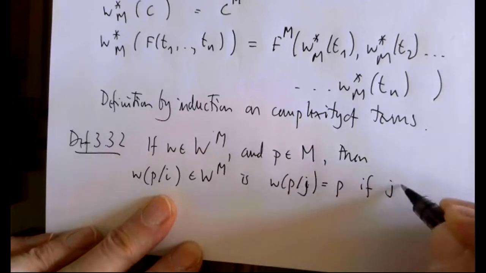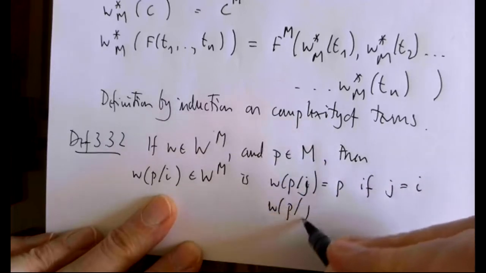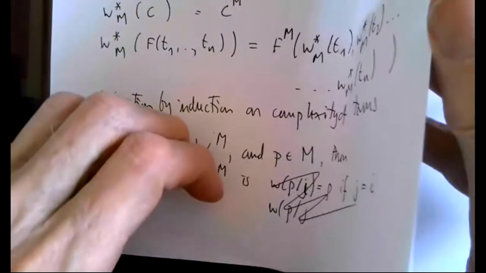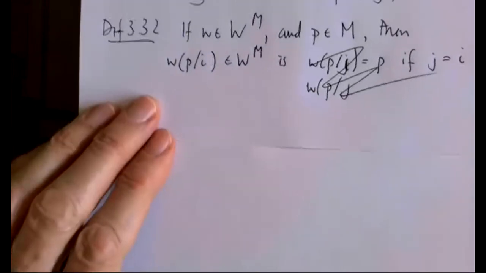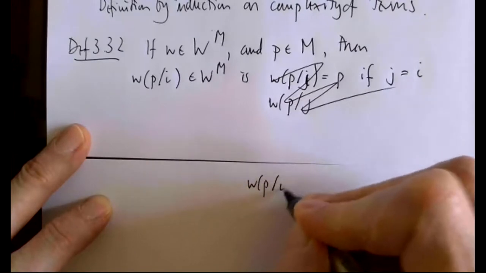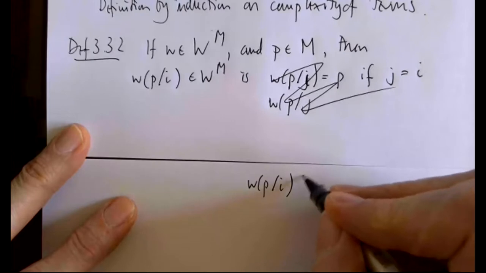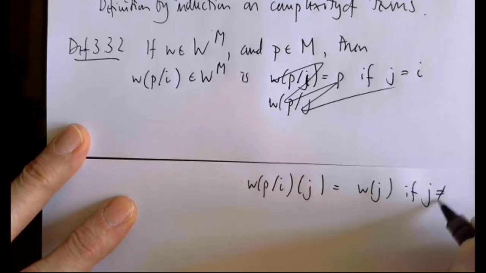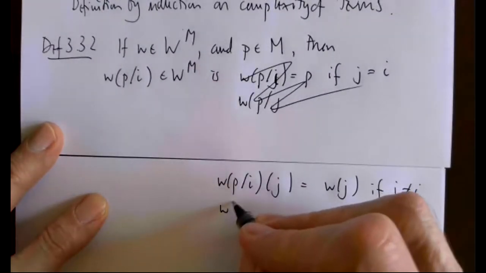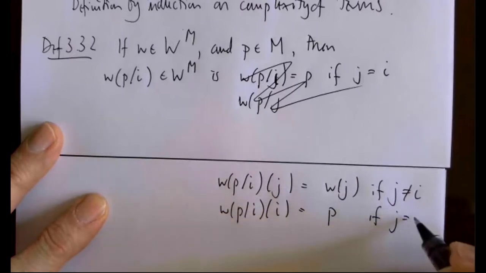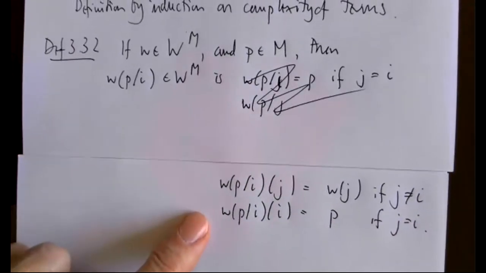Sorry, if J equals I. But otherwise, sorry, start again. W P I at J is just going to be W J if J is different from I. On the other hand, if J equals I, then this is going to be P. So it's just a piece of notation for this variant.